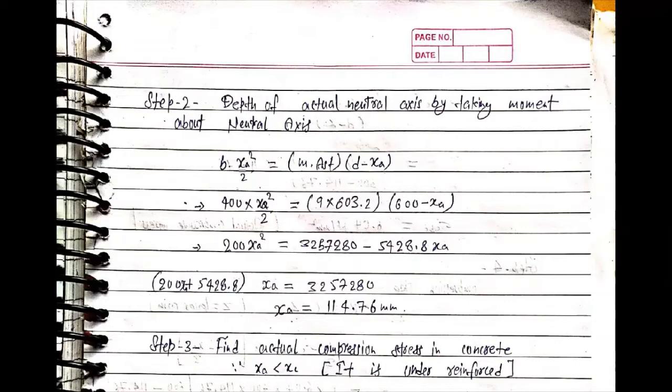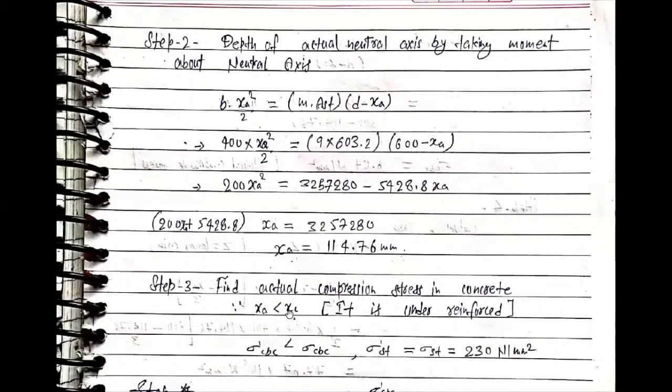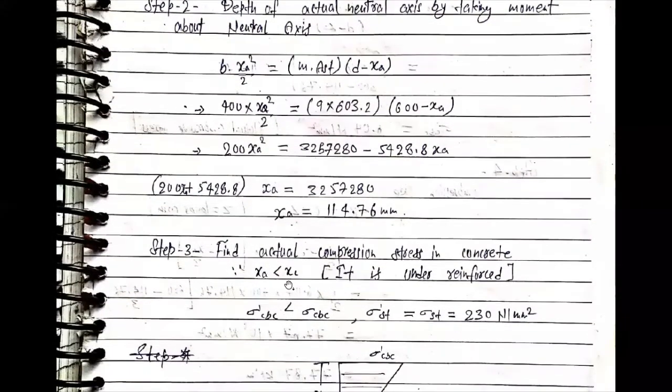Considering this expression, we can see that XA is less than XC, which means actual neutral axis is less than critical neutral axis.